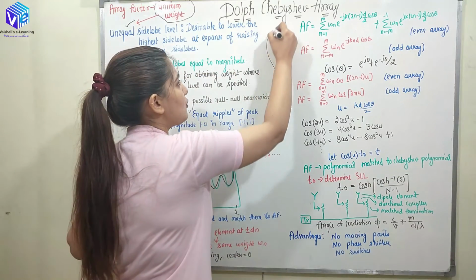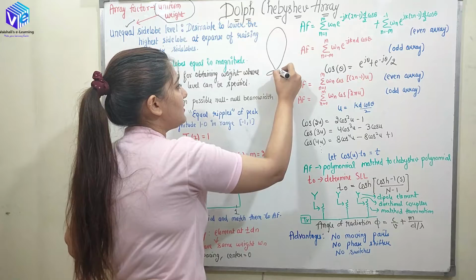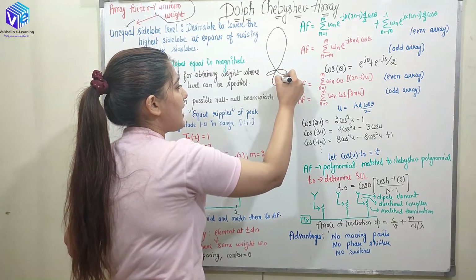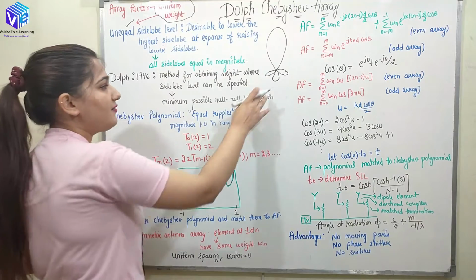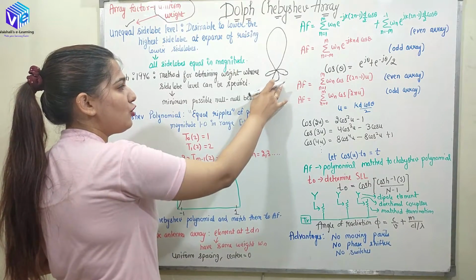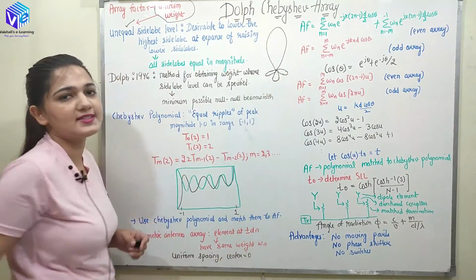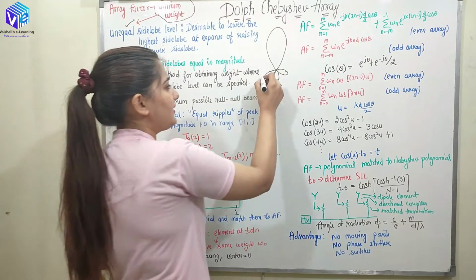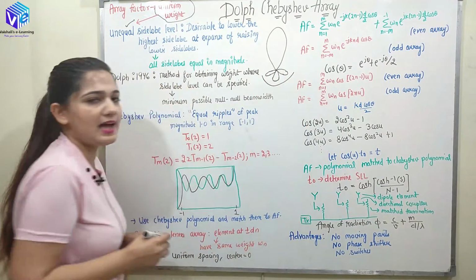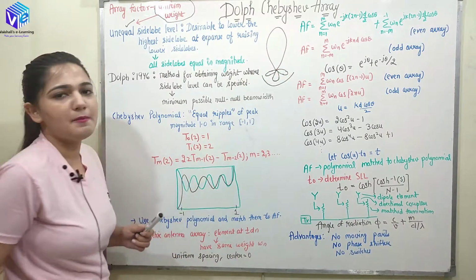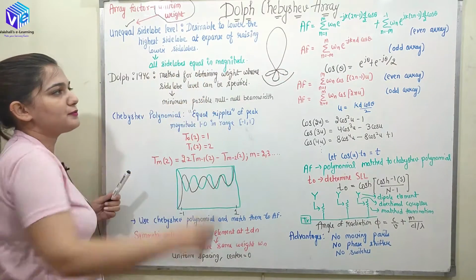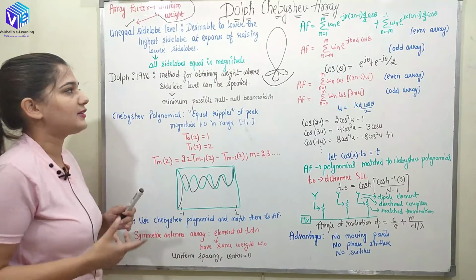Let's suppose this is my main lobe, these are my two side lobes, and this is also a side lobe. I have decreased the highest side lobe and increased the lowest side lobe in such a manner that now the side lobes are normalized. All of them have almost equal magnitude. So now all side lobes will have equal magnitude.